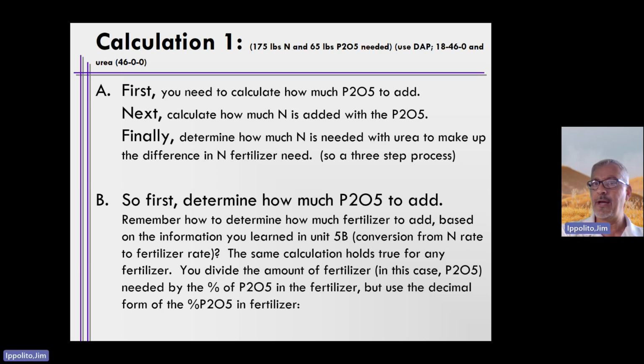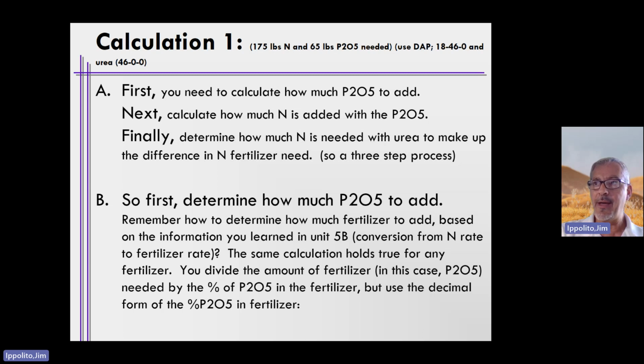Okay, so the conversion from nitrogen rate to fertilizer rate. Remember how to do that? If not, you'll see it here. The same calculation for the nitrogen fertilizer rate, or conversion from N rate to fertilizer rate, is the same for phosphorus fertilizers.